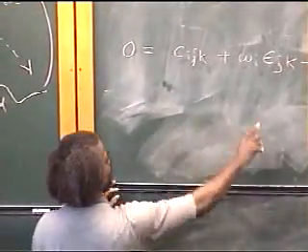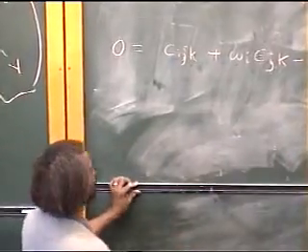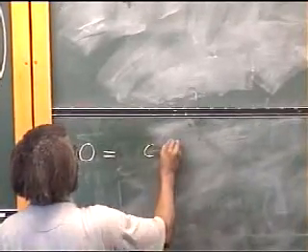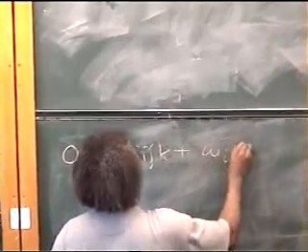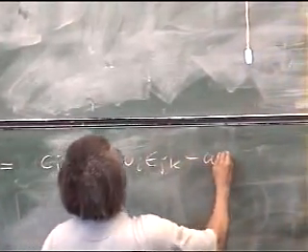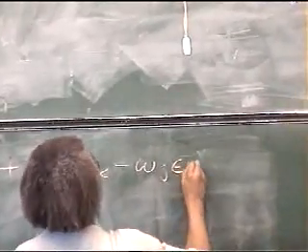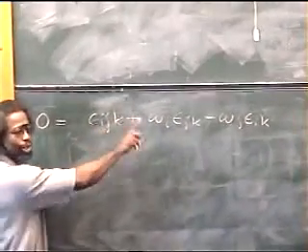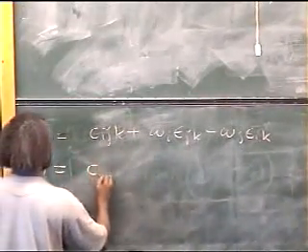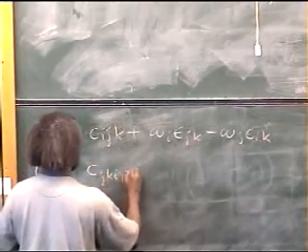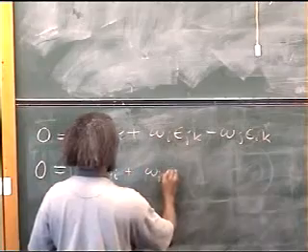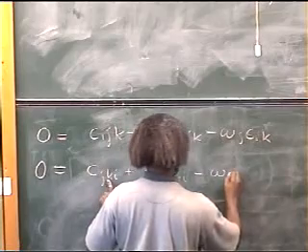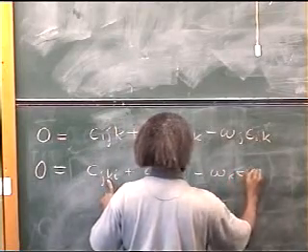So now I write these equations twice more, cyclically permuting the indices, and I'm going to write them all right up, one under the other so you can see it. So it's Cijk plus omega I epsilon jk minus omega j epsilon ik. And now cyclic permuted means that you take the I index and push it to the rear consistently. So 0 is equal to C jki plus omega j epsilon ki minus omega k epsilon ji.